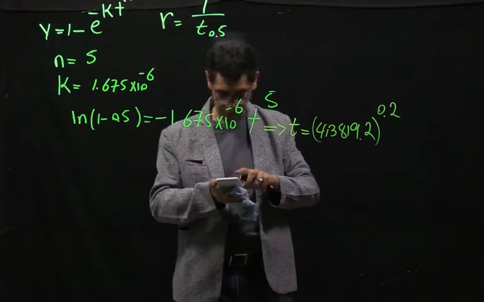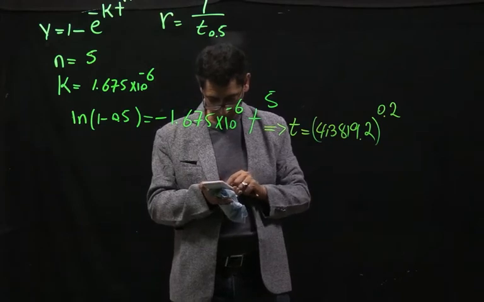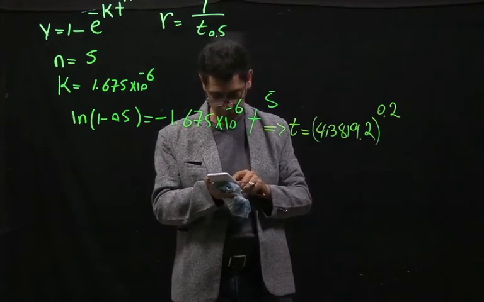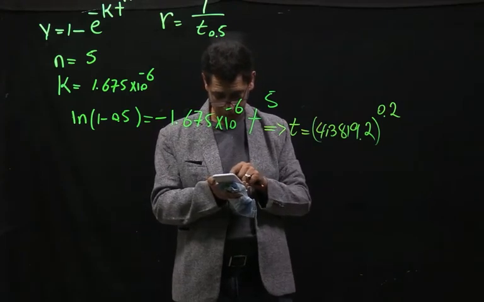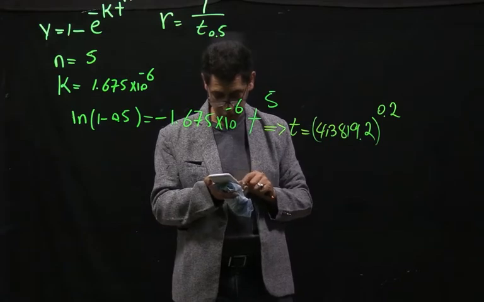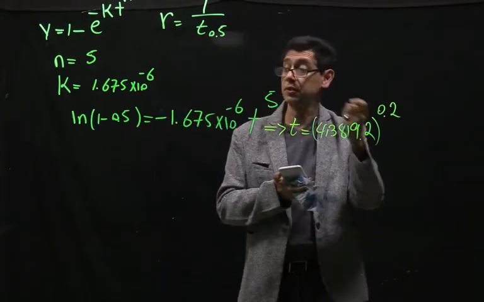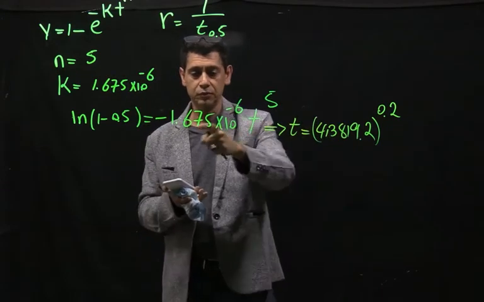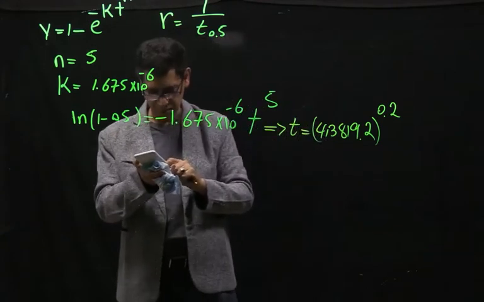So let me do that here. I write 413,819, which I just made on the spot, to the power 0.2. Interesting. Let me see if this is correct. I'm going to do it one more time just to make sure. I don't want to make a mistake here.